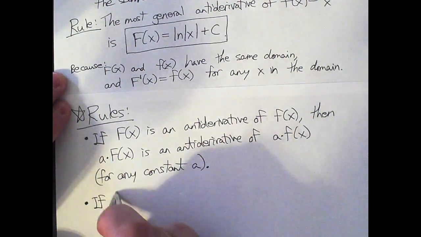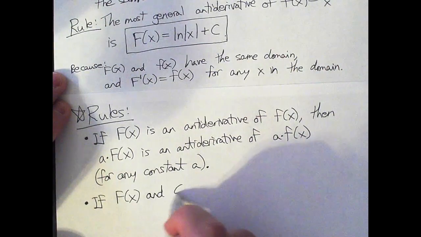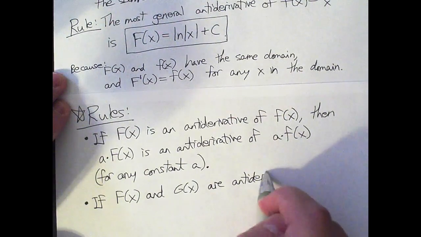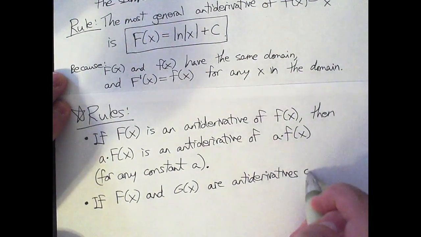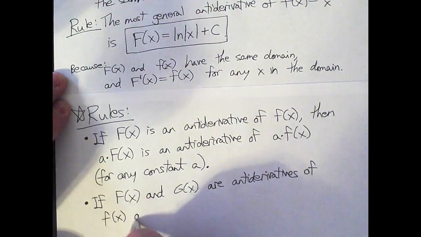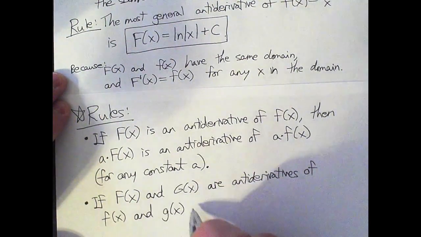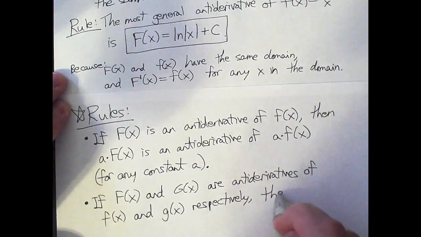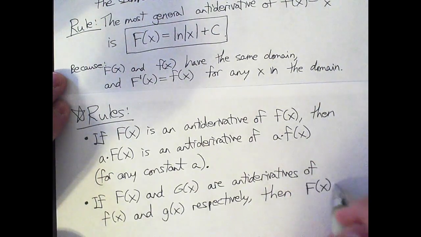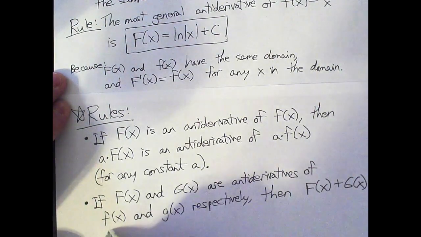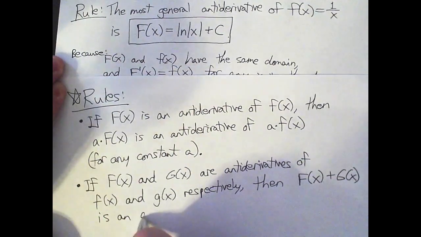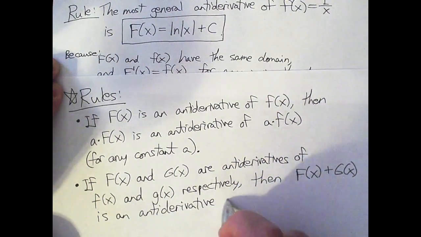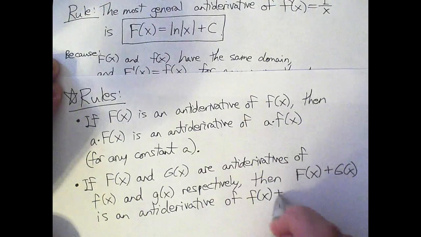And one other rule: if capital F of x and capital G of x are antiderivatives of lowercase f of x and lowercase g of x, respectively, then capital F plus capital G is an antiderivative of lowercase f of x plus lowercase g of x.